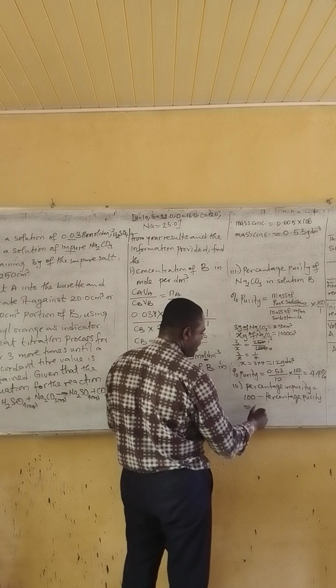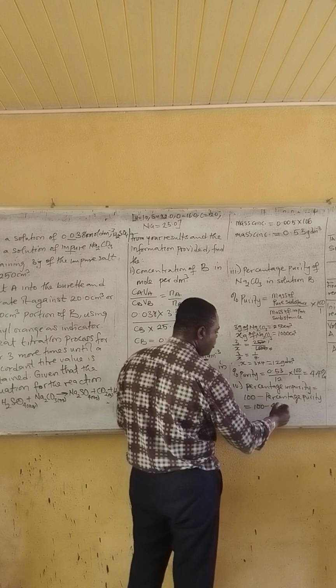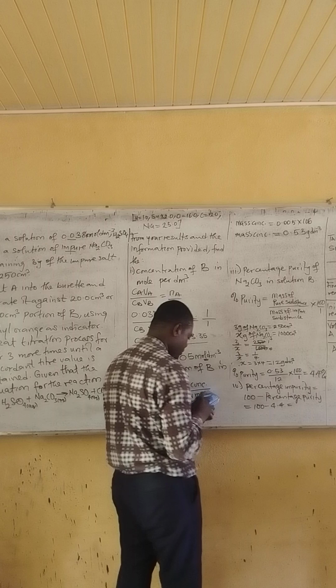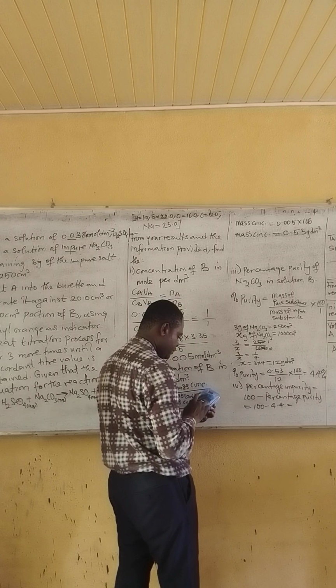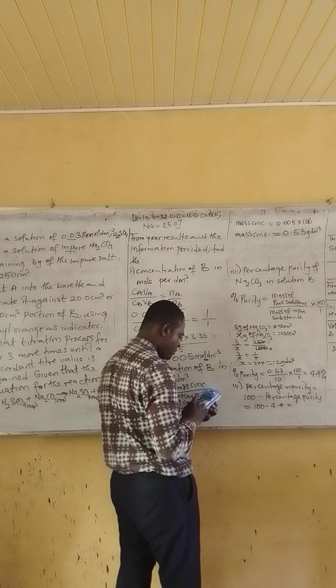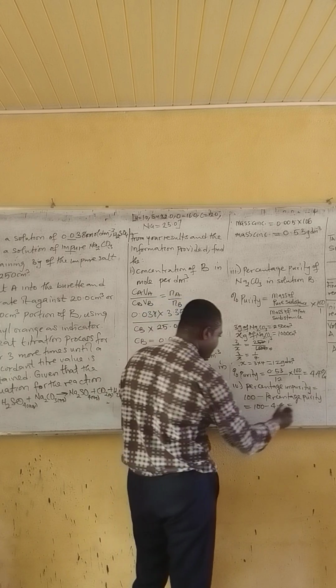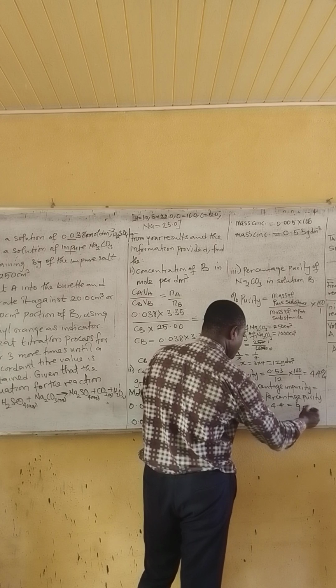So that gives us 100 minus 4.4, answer is 95.6.